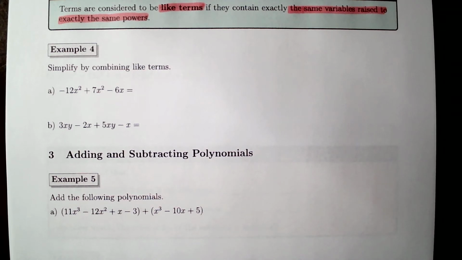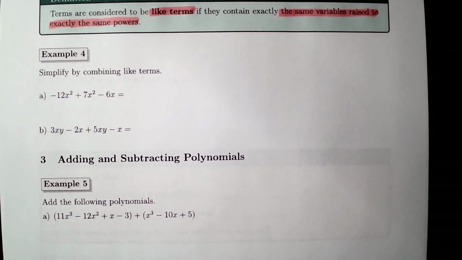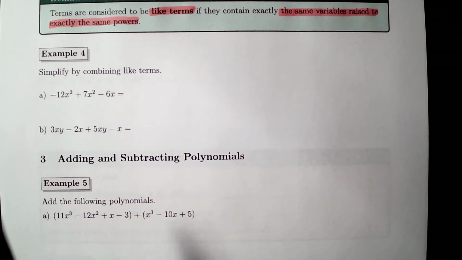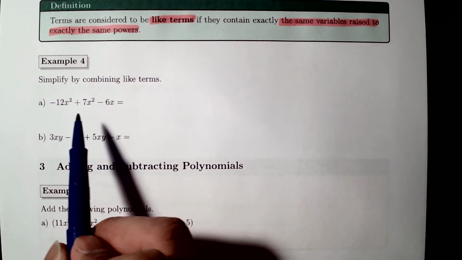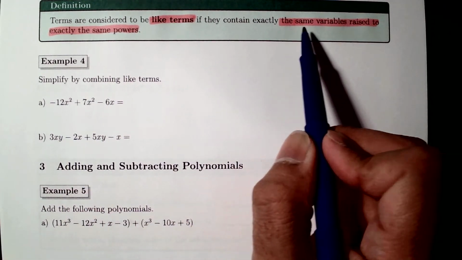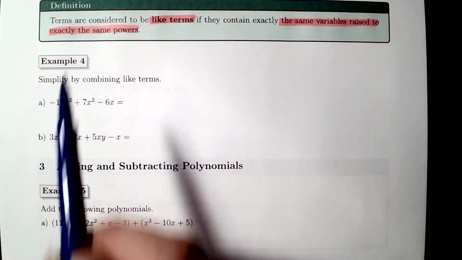We're going to use highlighters here to help you with visual ways so we can have a better understanding of this. Simplify by combining like terms. We combine like terms if they have the same variables raised to exactly the same powers.